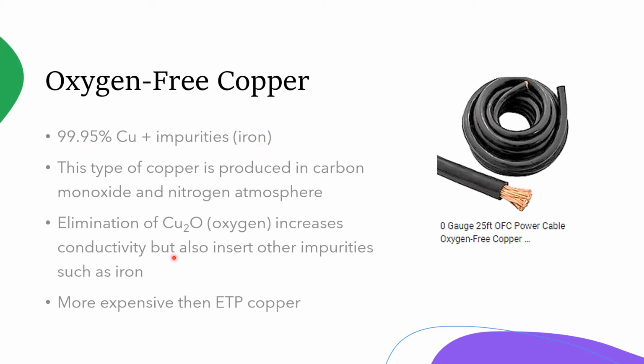So what do we do in the process? We're going to get rid of Cu2O, that's the copper oxide. When you eliminate this, that's going to increase the conductivity. But at the same time, iron will go into the copper.